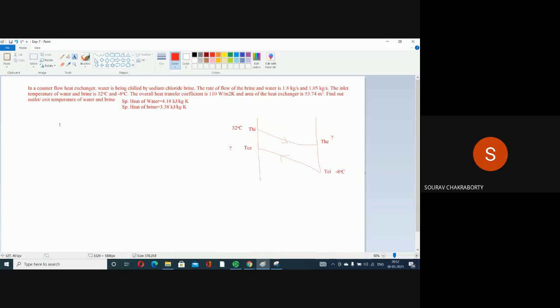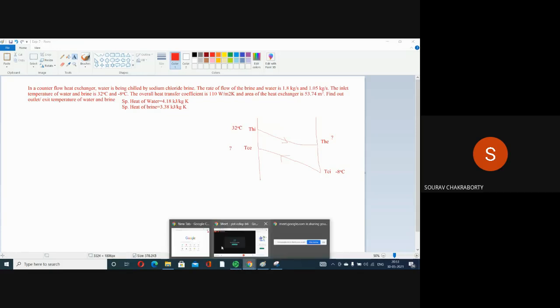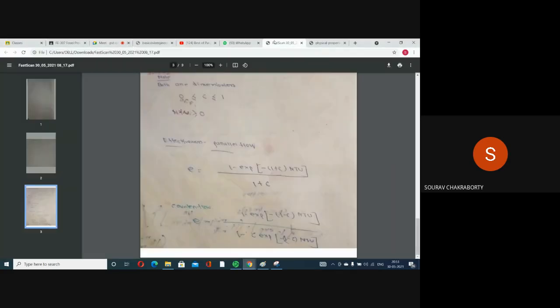This is counter flow, so for counter flow we'll write down the general expression. What is the general expression? Effectiveness equals 1 minus exponential of minus (1 minus C) NTU, divided by 1 minus C into exponential of minus (1 minus C) NTU.